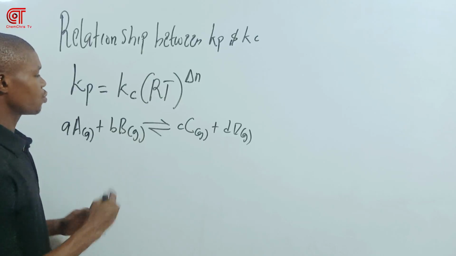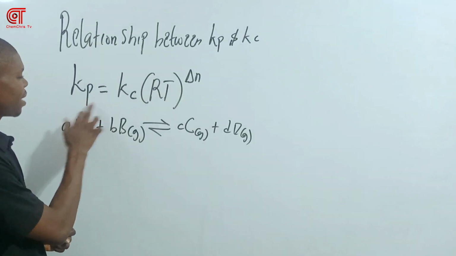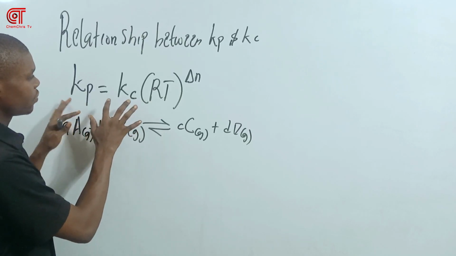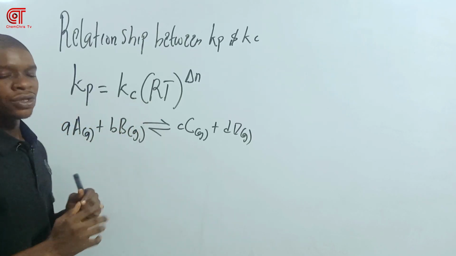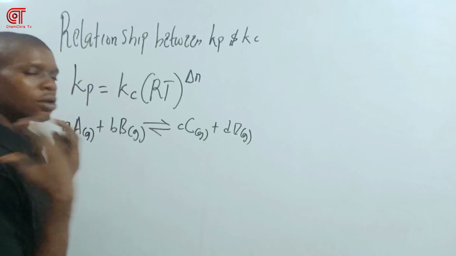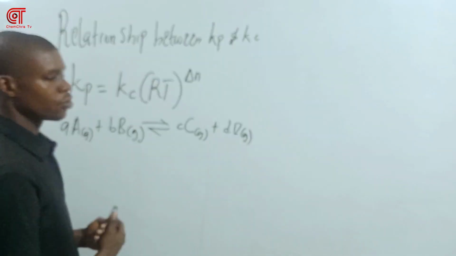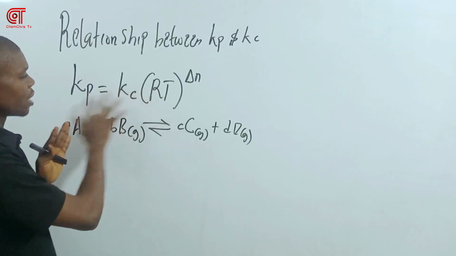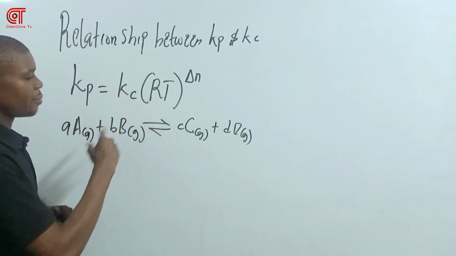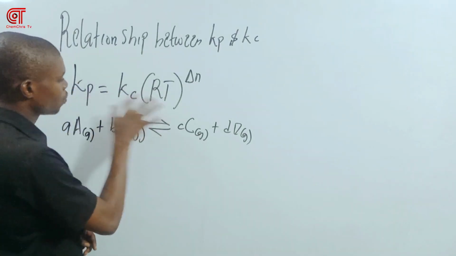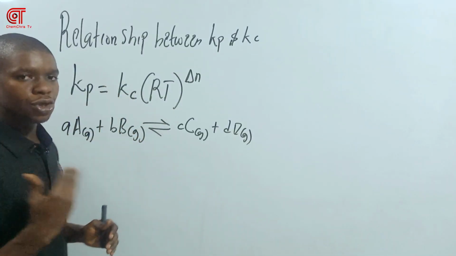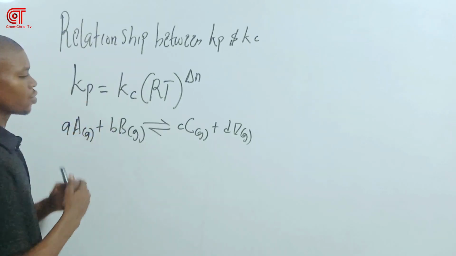If you're interested in how Kp and Kc are derived, you can check other videos I've done. We have tons of videos that explain how they derive this. In this video, I want to use this formula to show you how you can solve questions.